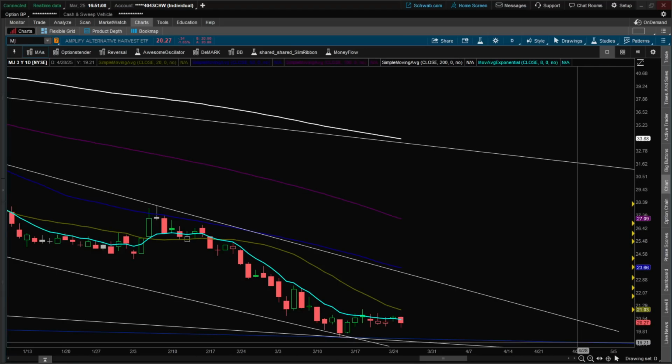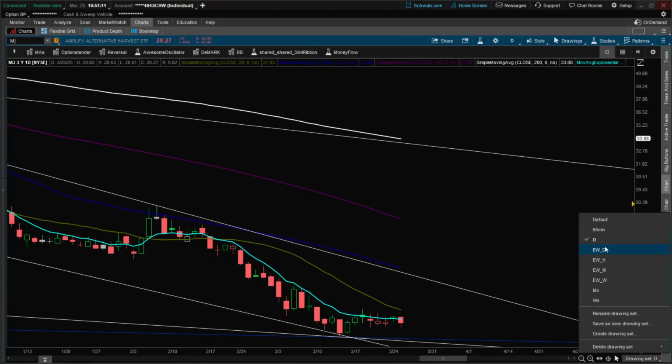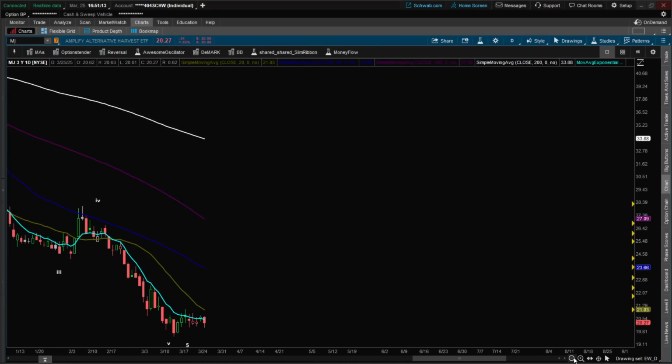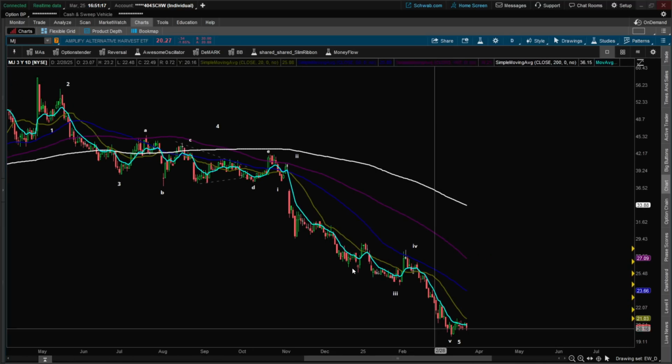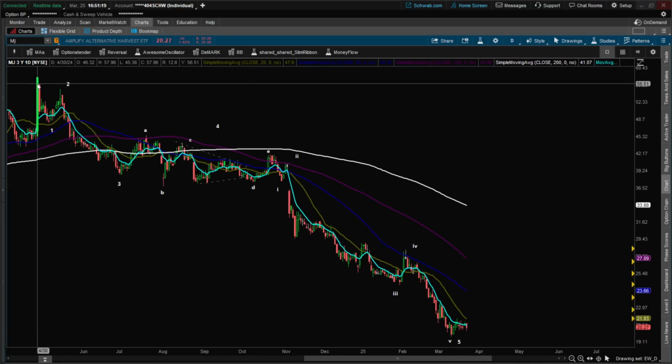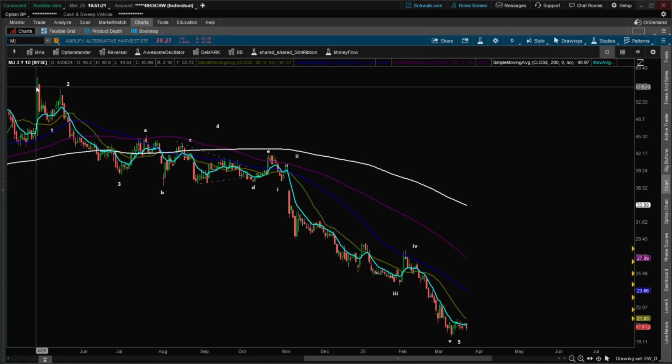All right, now looking at the Elliott wave on the daily. I'm considering this. Here's the last move. Here's the 5th wave. There's the high of the 5th wave. Now, this acts like a commodity. So the 5th of the 5th, they're not always, but the 5th wave is usually the longest wave.